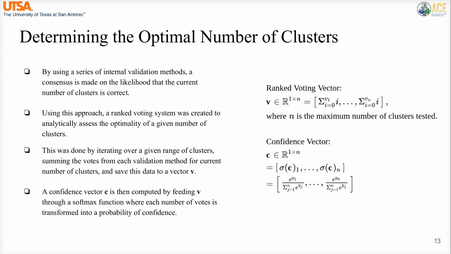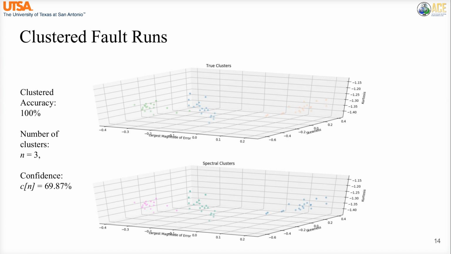Then the confidence vector c is computed by feeding v through a softmax activation function, where each number of votes is transformed into a probability of confidence. The idea here is that we accept an optimal number of clusters if the probability confidence is greater than 50%.